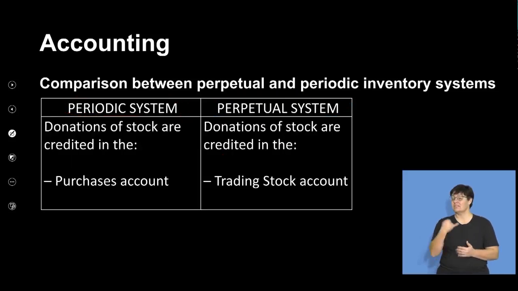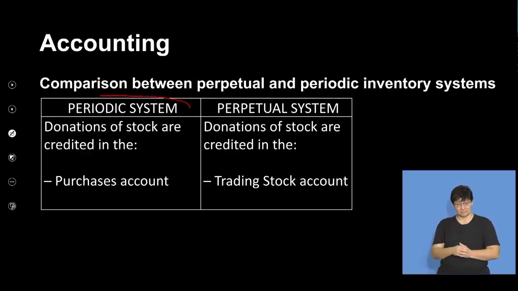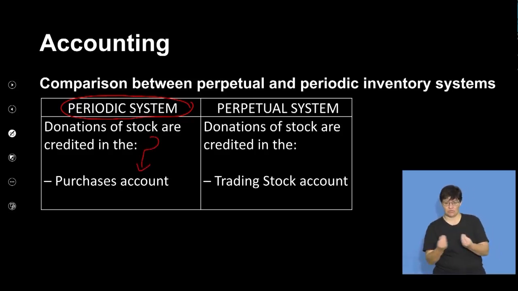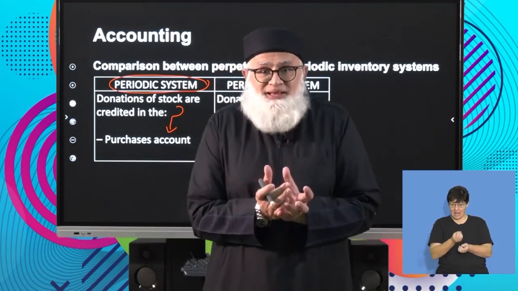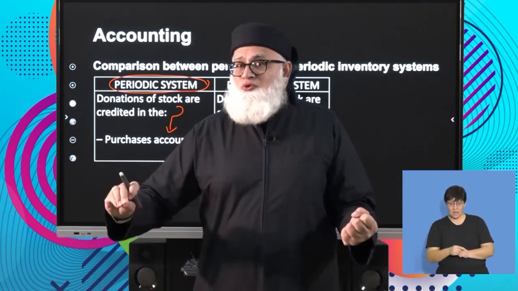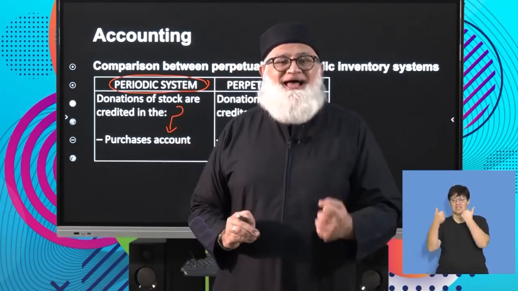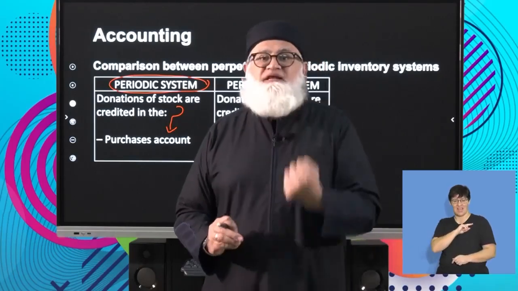Still busy with our comparisons? Let's go to periodic. In the periodic system, when you have donations of stock, immediately you know that stock is leaving our business. Donations is an expense account, we're going to debit donations. Where's the credit going to? The credit is going to my purchases account. Why? I'm dealing with a periodic inventory.